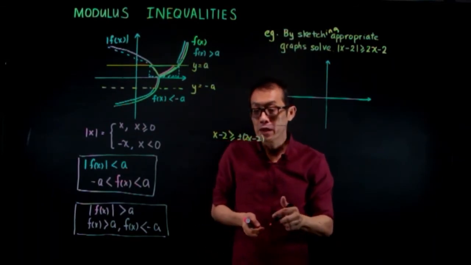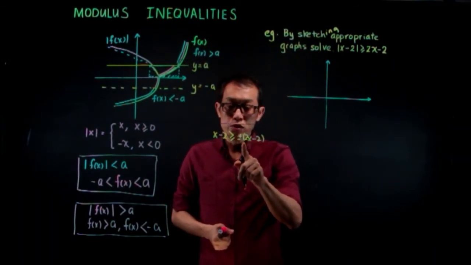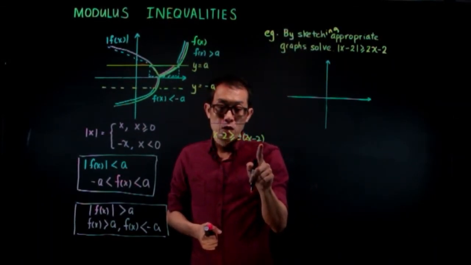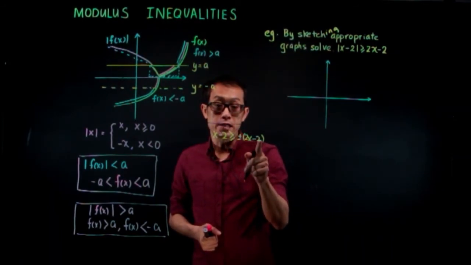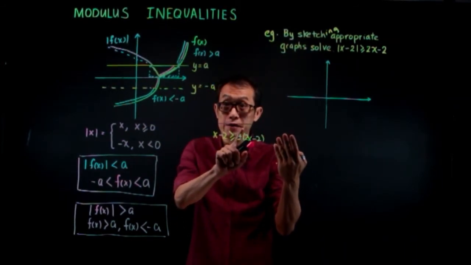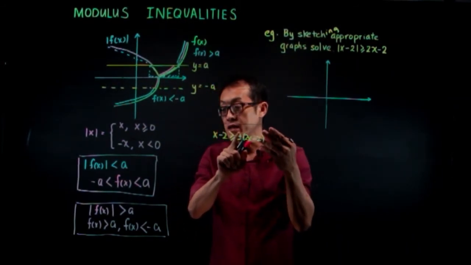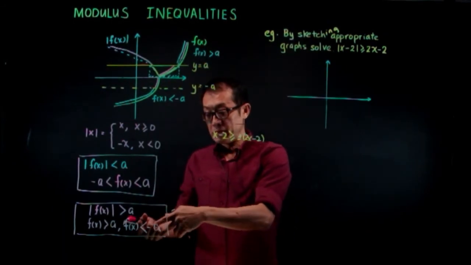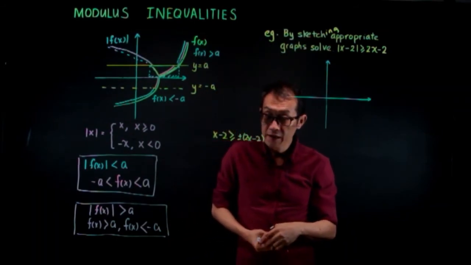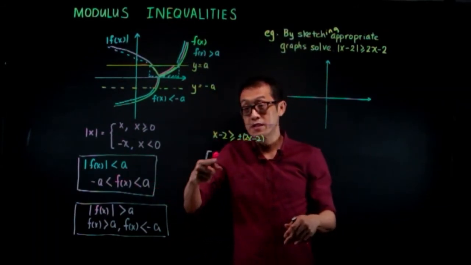Why? Because when you do this, you are not sure whether 2x minus 2 is positive or negative. Because if it's negative, you must flip the sign. So you are not sure because it's a modulus.